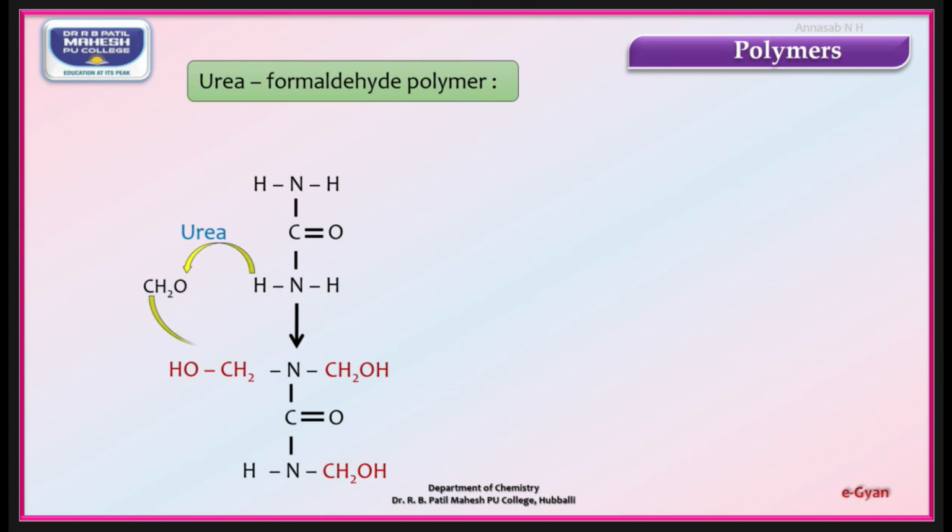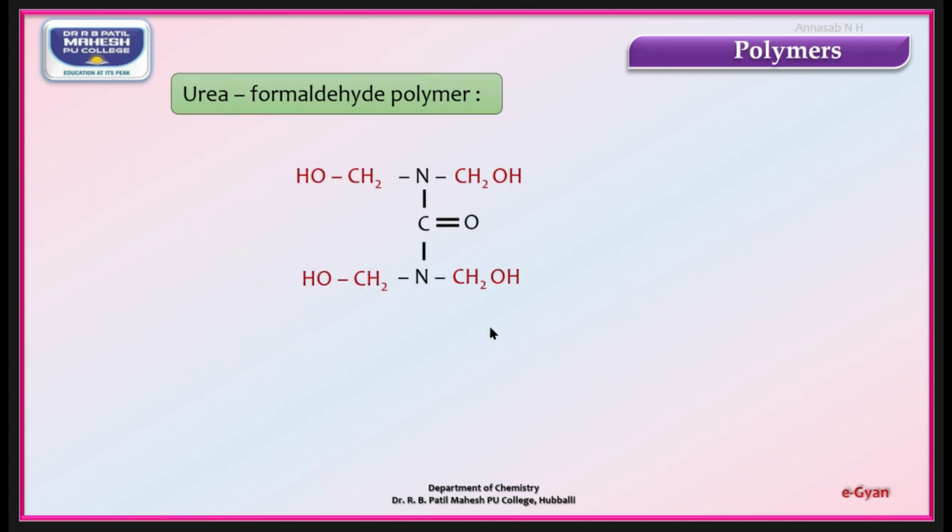So there are a total of 4 CH2OH groups. Instead of hydrogen atoms, we now have CH2OH. This urea and formaldehyde combination leads to the formation of such a compound.